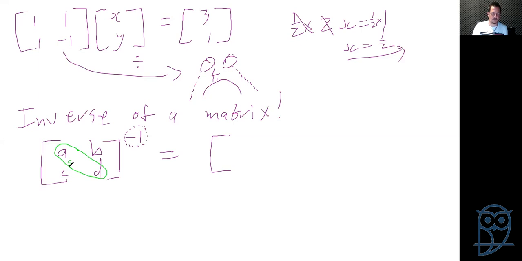On the diagonal, you swap. So it becomes D over there, and it becomes A over there. And then, on your other diagonal, you just make them minus. But they don't swap, they stay. So it becomes -B and -C. Oh, I closed the bracket in the wrong color.